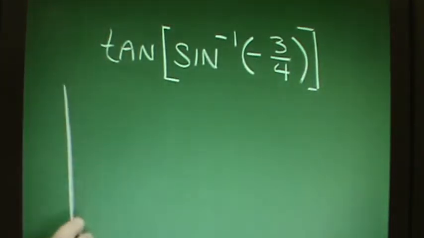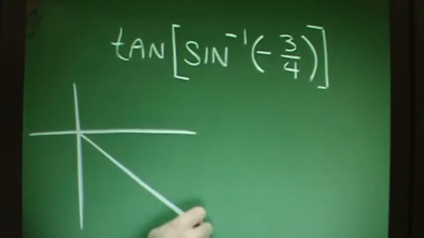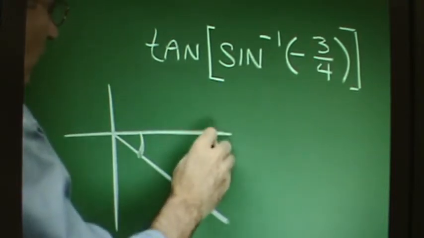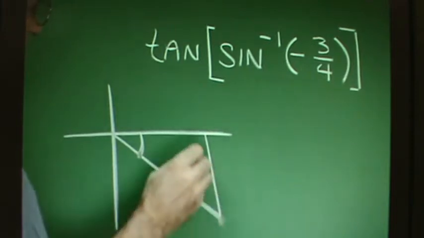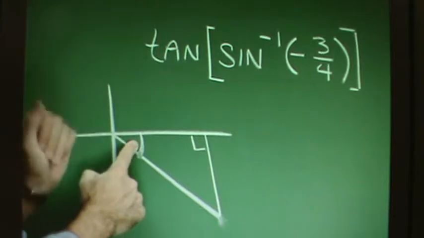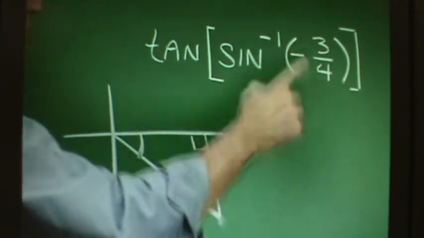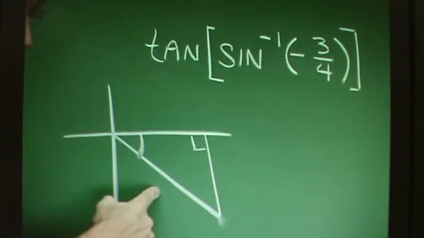The situation looks like this. We're talking about an angle that falls in the fourth quadrant and a right triangle in the fourth quadrant. And let's see, the sine of this angle is -3/4. Now, -3/4, one of either the numerator or denominator is negative, but we know that the hypotenuse is always positive.